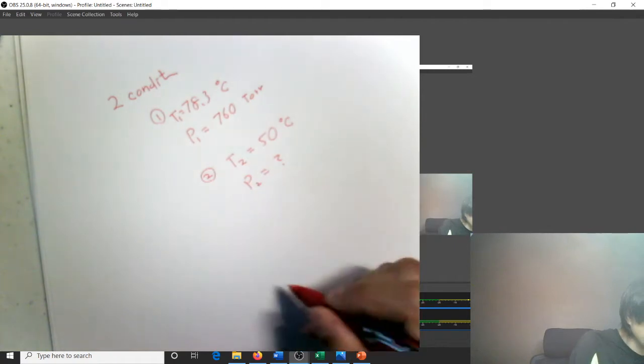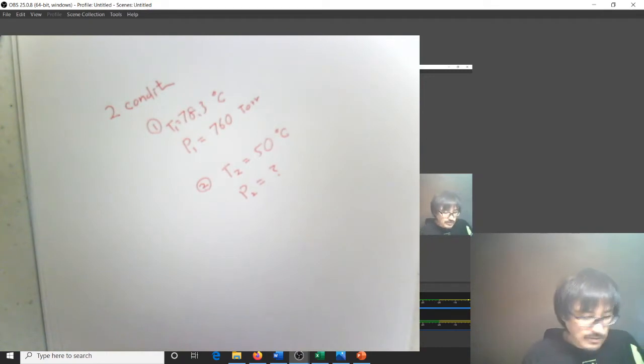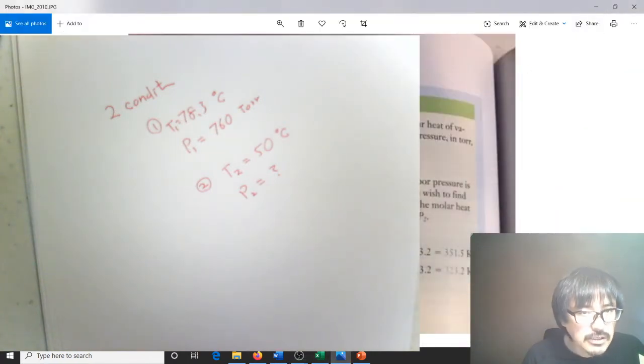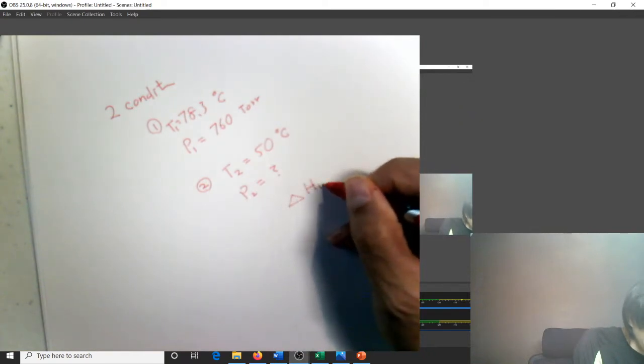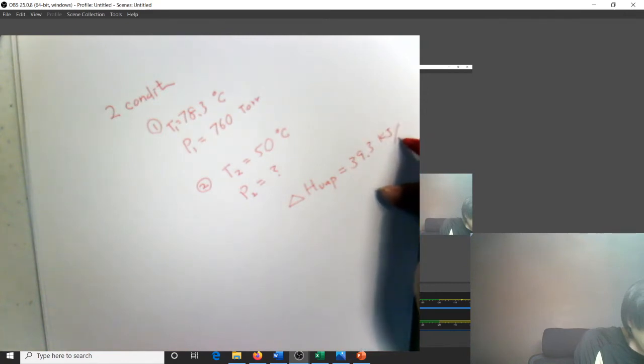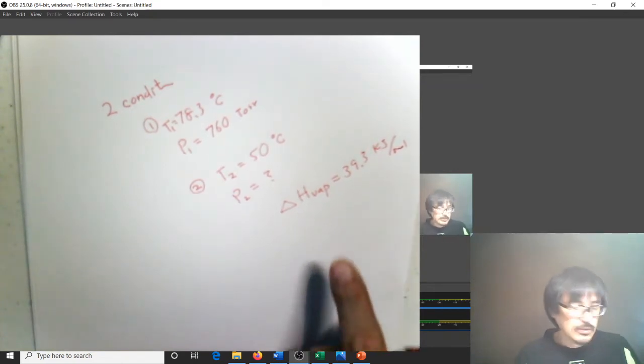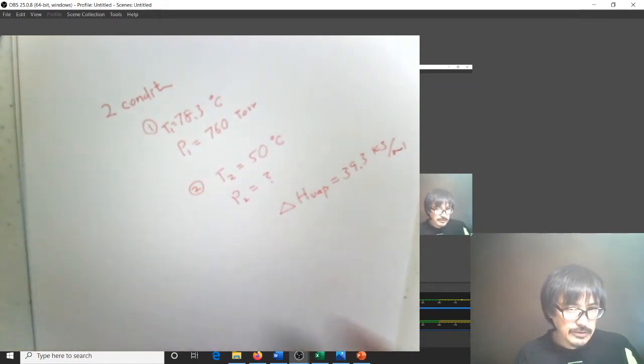It's P1, P2. And the third piece of information is that we already know the heat of vaporization. The delta H vap is 39.3 kilojoule per mole. So that's pretty much all we have for these guys.